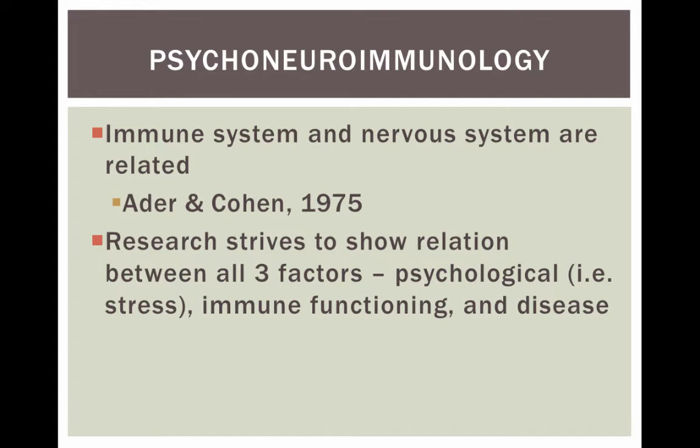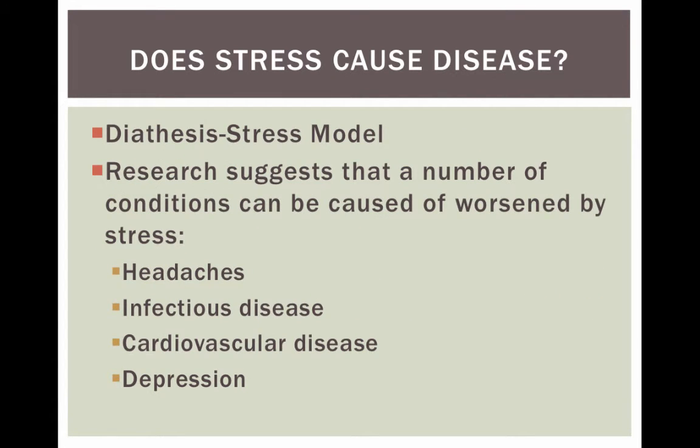That maybe shows that the stress is impacting this immune functioning, which is mediating the actual disease. So one of the key things that we're asking in this unit is, does stress cause disease? It's been a debated topic for a long time. Tons of evidence suggests it, but our evidence is mixed.